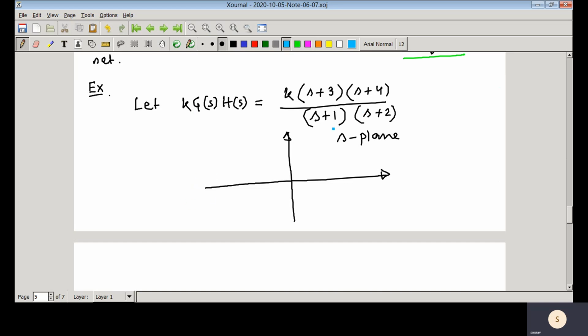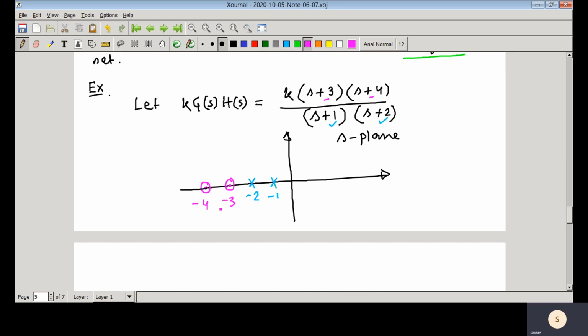One is at -1, another one is at -2, and then two zeros are there, -3 and -4. We have seen that in the pole zero map we represented it like this. So this is -3 and -4.